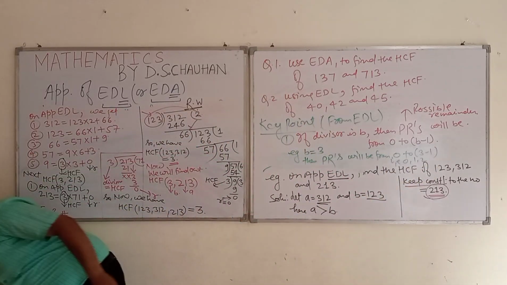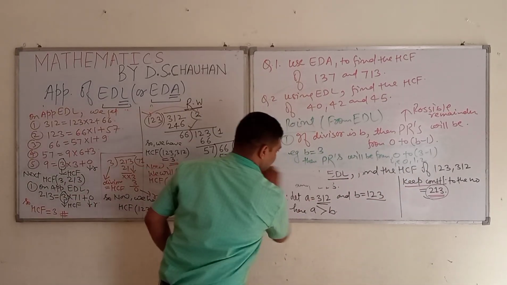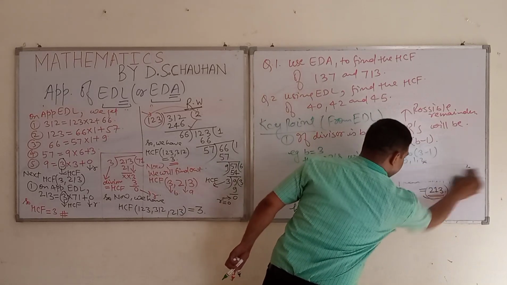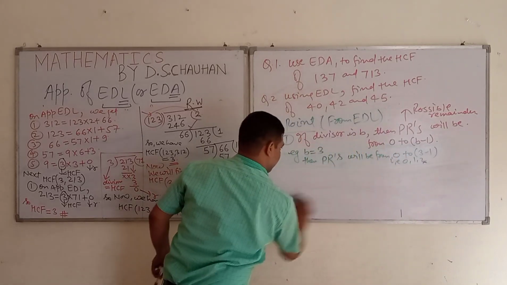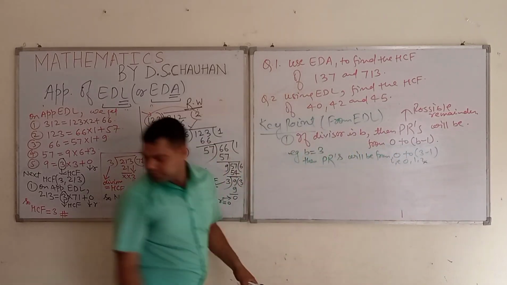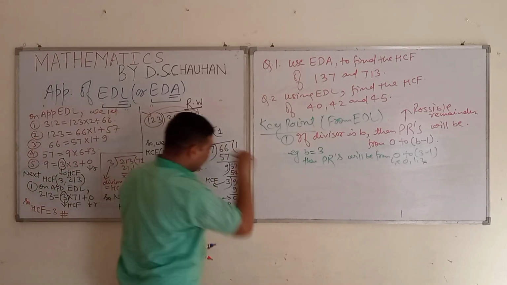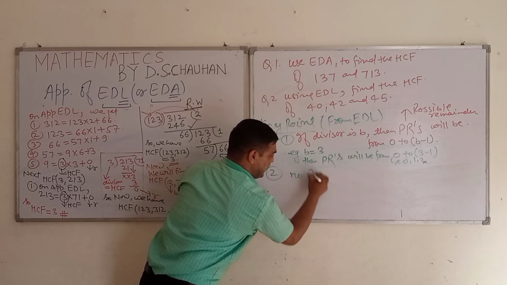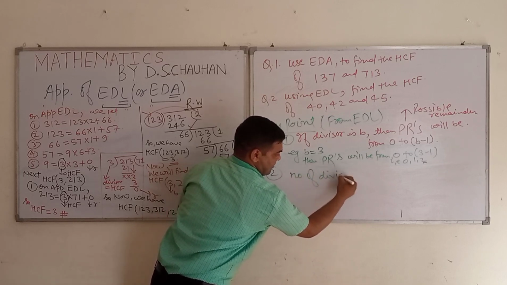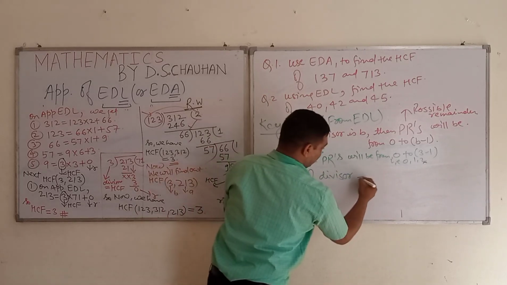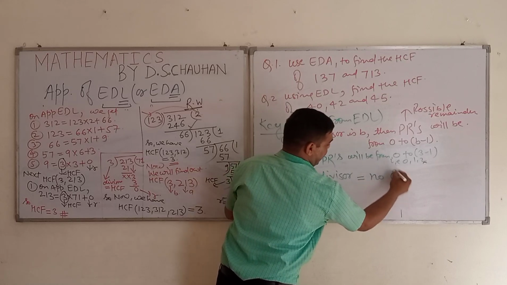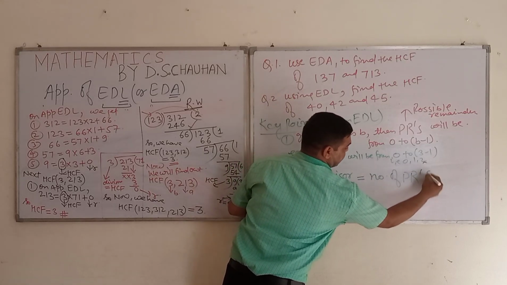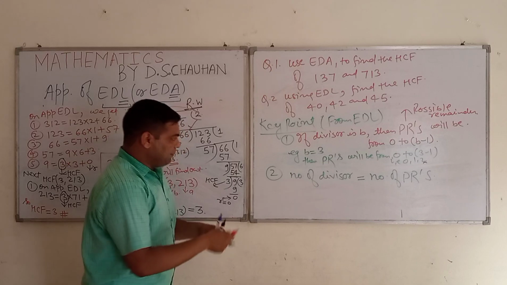Students, next point here, very important, try to understand. The number of divisors is equal to the number of possible remainders. What is the meaning of this, students?